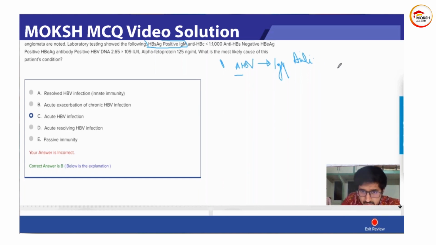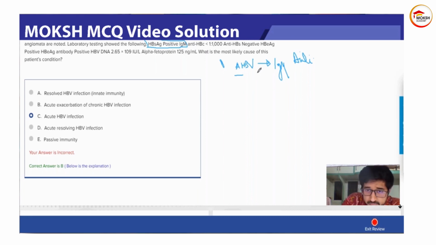And anti-HBe is negative in an acute HBV infection. Anti-HBe, which is your antibody to HBeAg, is negative. So when HBeAg is positive, it means high infectivity, and when anti-HBe is positive, that means low infectivity.